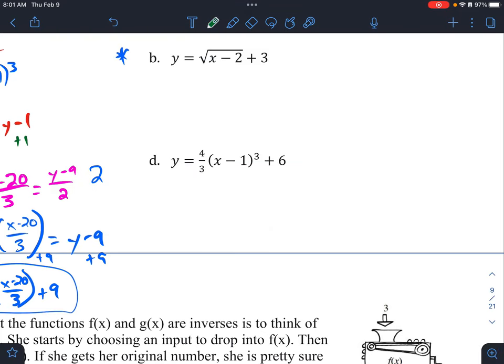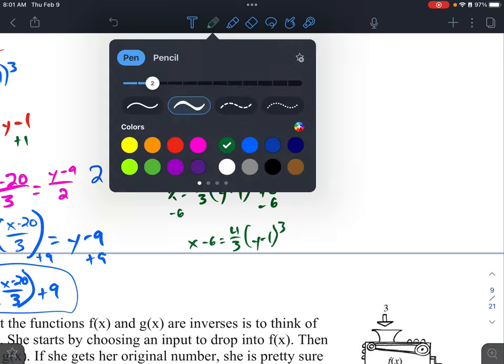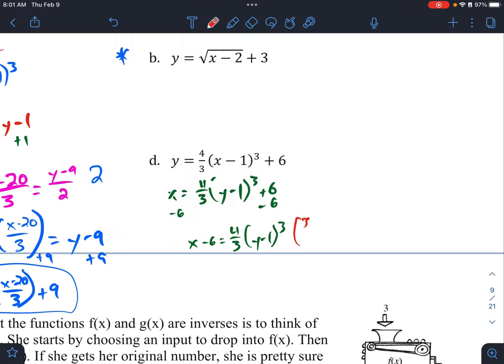So as we look then at D, again switch. 4/3 y minus 1 cubed plus 6. Subtract 6. 4/3 y minus 1 cubed. Multiply, this one's a little tricky, by 3/4, and that cancels this here.